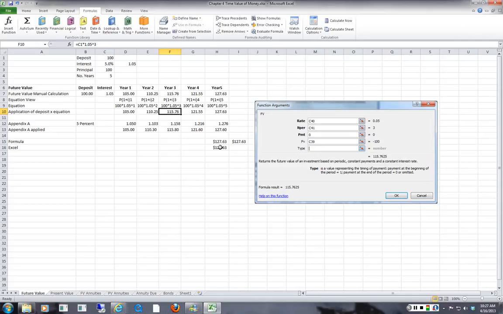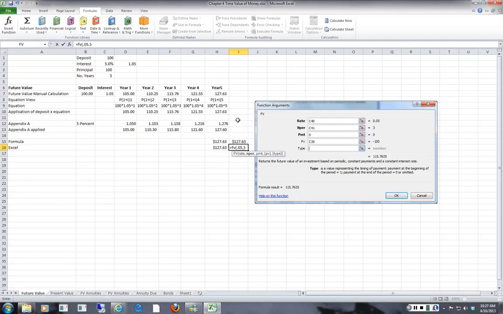Now, another way we can do it is in Excel, and we want to learn how to do it in Excel. So with that, I'm going to enter it in the bar there, and I'm going to put FV for future value and put brackets, and as you can see there, it shows the rate. I'm going to put .05, comma, and then the next one is NPER, which is the number of periods.